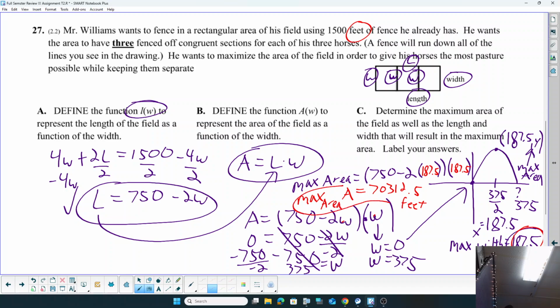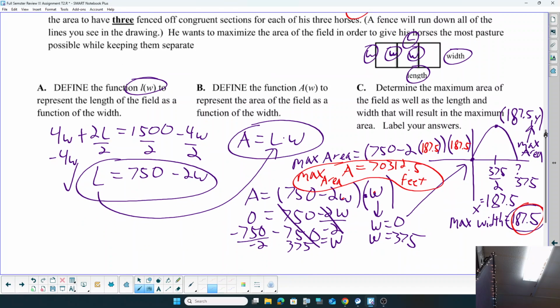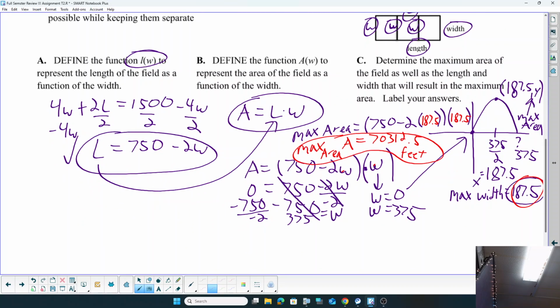We found our max area, found our max width, and now we just need to find the length. How do we find the length? We have a formula for that, remember? Area is equal to length times width. The width is 187.5, the length we're trying to solve for, and the area is 70,312.5. If we divide the 187.5 over to the other side, that'll give us the length.